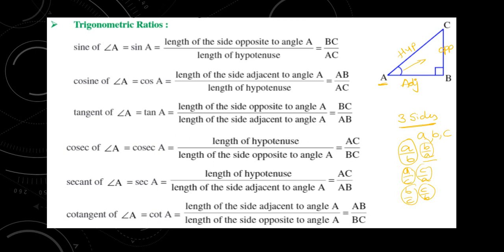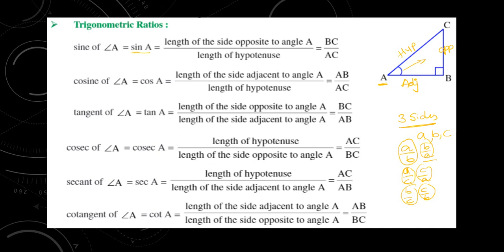Already in the previous slide we discussed that in a right angle triangle, with respect to a particular angle, we have the opposite side, adjacent side, and hypotenuse. Now first of all we are going to discuss sine. Sine A, we read it as sine of angle A.